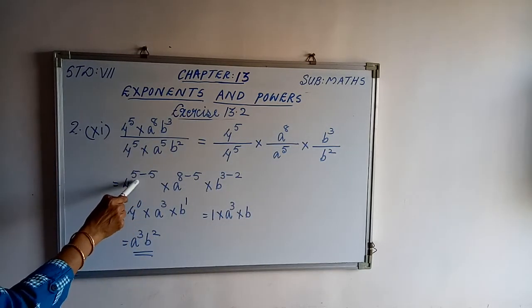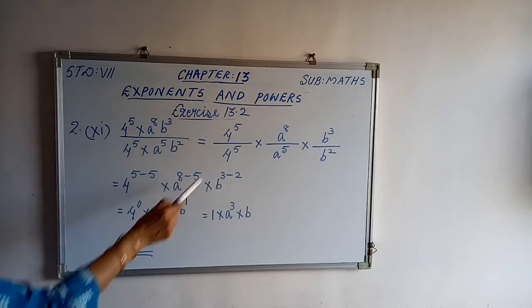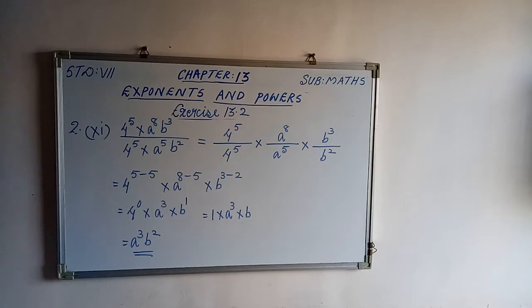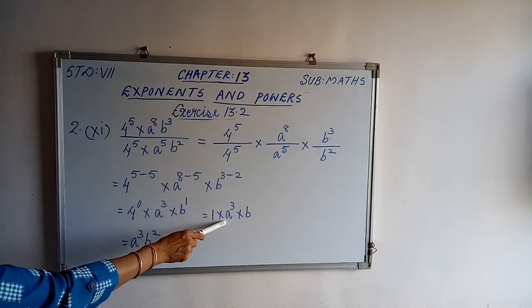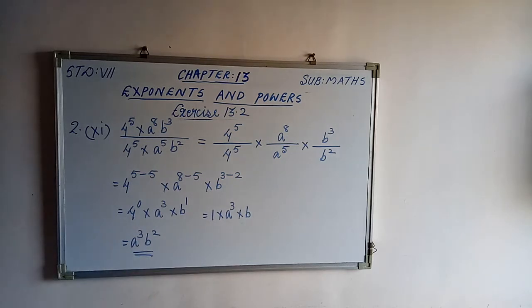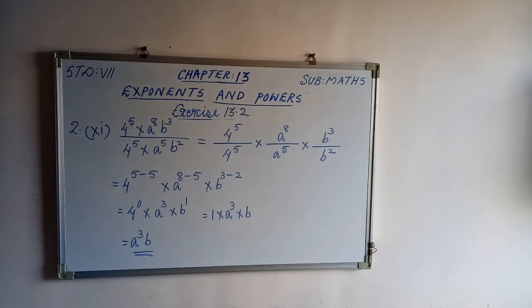Here 4 raised to 5 minus 5 multiplied by a raised to 8 minus 5 multiplied by b raised to 3 minus 2. 4 raised to 0, that is 1. So 1 multiplied by a cube multiplied by b. The final answer is a cube b. That's the answer.